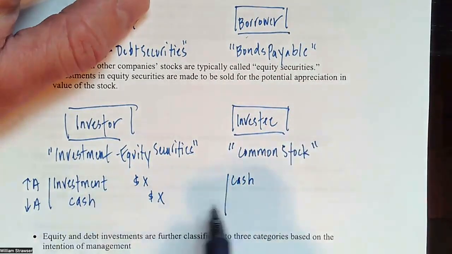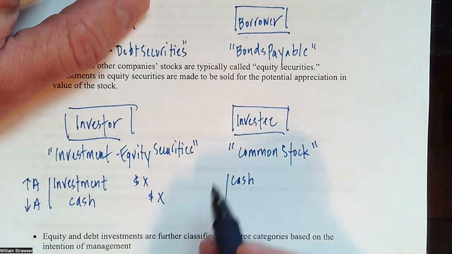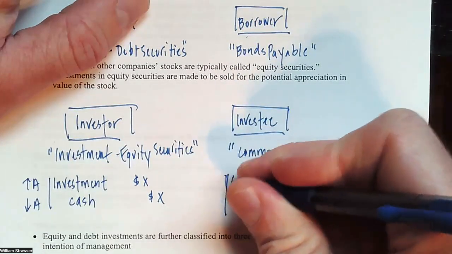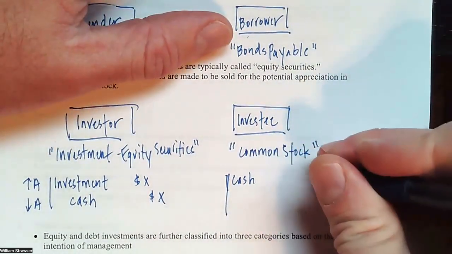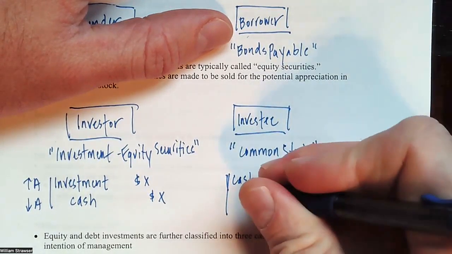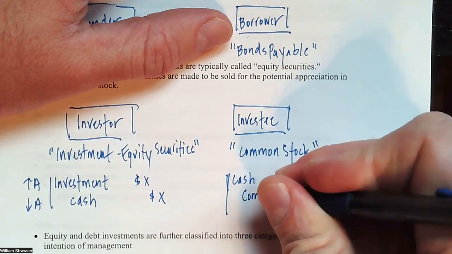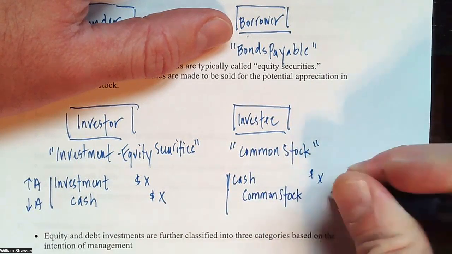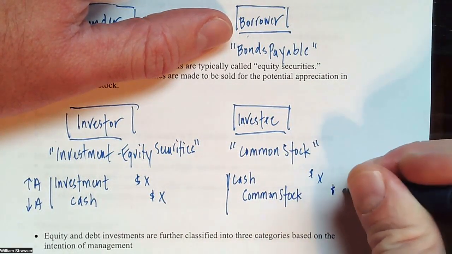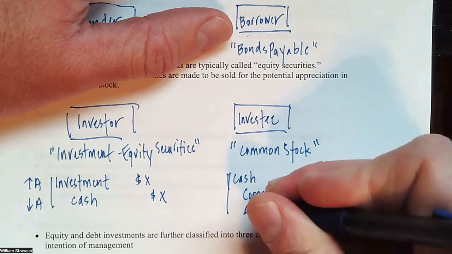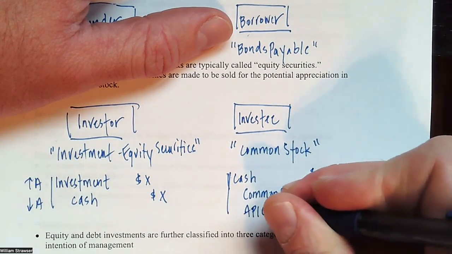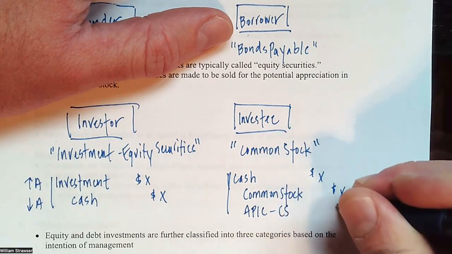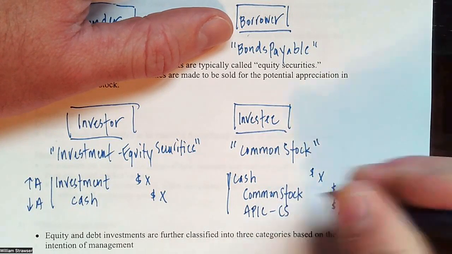So this is two separate companies' financial statements or accounting records. And of course, they would credit common stock because they issued stock to this particular person if this were a new issue. And they would also credit APIC common stock for anything above a par value.